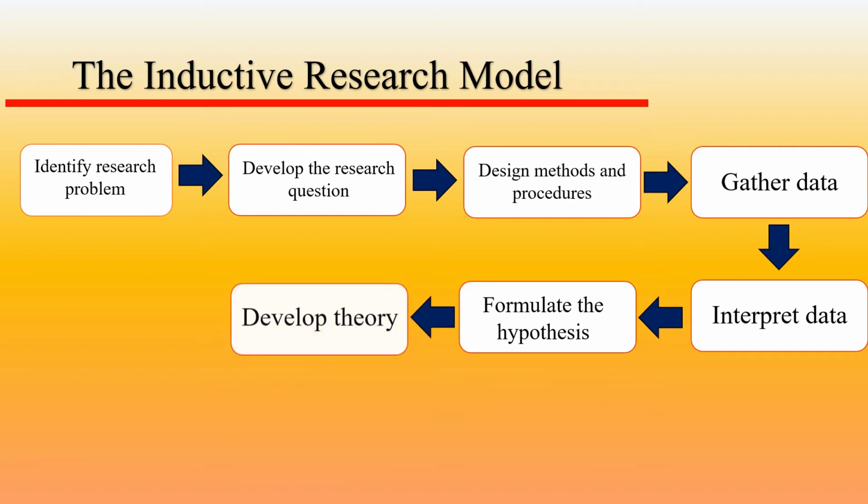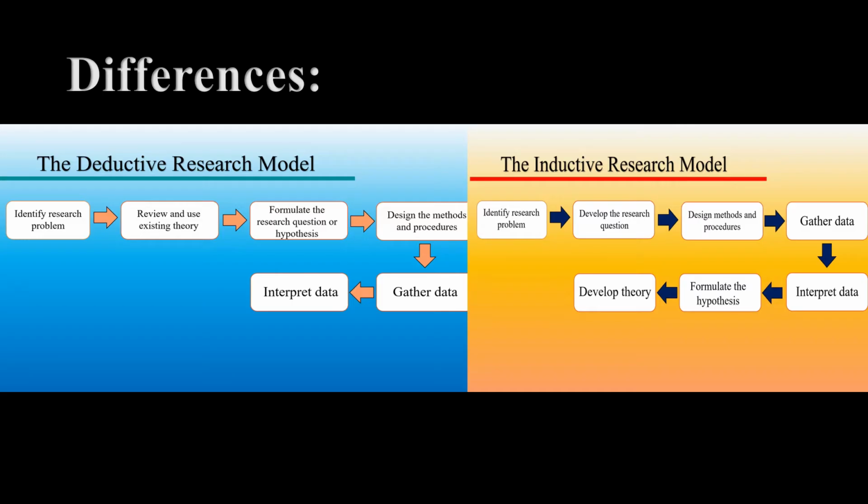The difference between these two process models is that the deductive research model uses the theory which exists to investigate their research, whereas the inductive research model does not. Besides that, the inductive research model has more steps than the deductive research model, in which the researchers no need to develop the research question and develop theories.